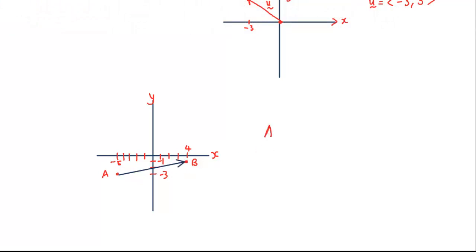Point A has the coordinates -5, -3. Point B has the coordinates 4 and -1, and I want to know what the vector going from point A to B is. These vectors have a notation like this, saying that we're starting at point A and ending at point B. Try to see if you can figure it out for yourself.